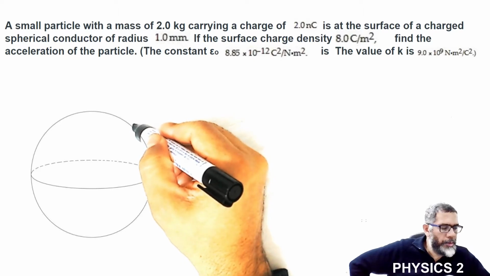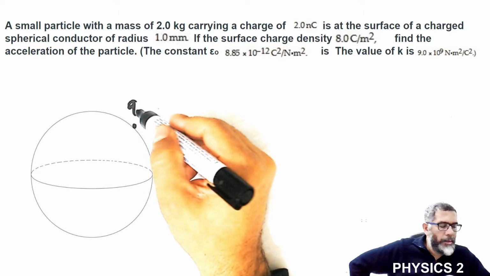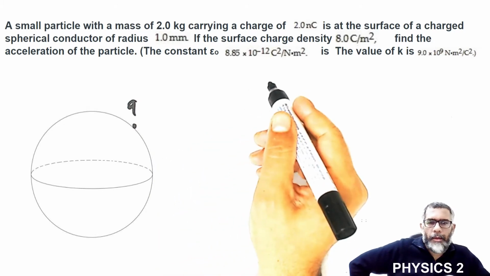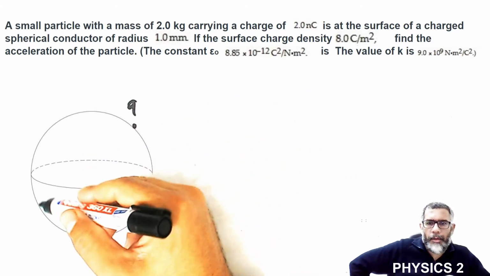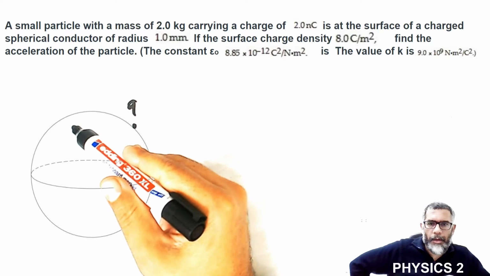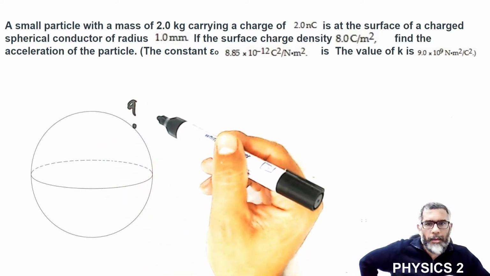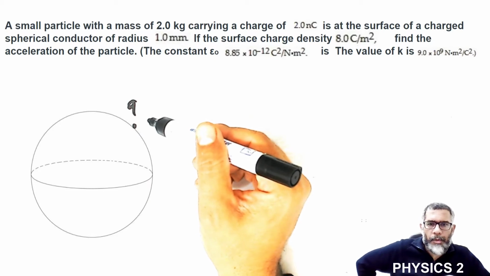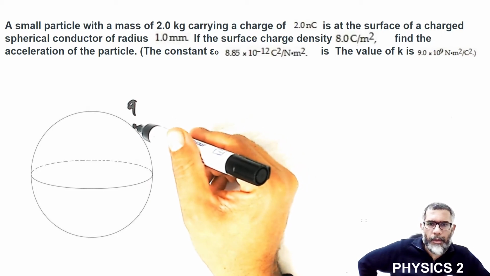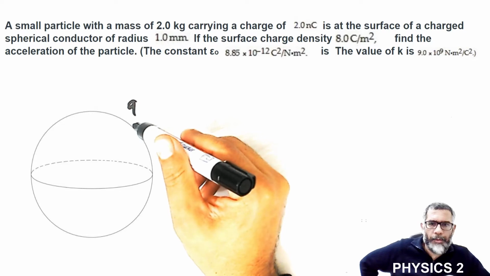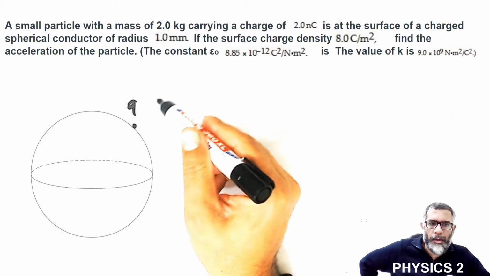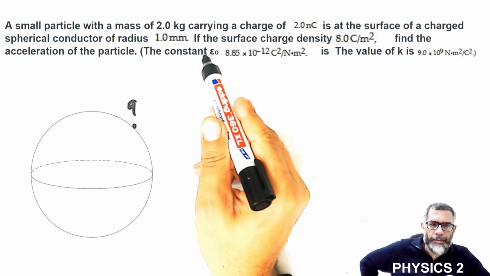Okay, it's a charge Q. And the question is that since both this spherical surface and this point particle have charges of the same sign, obviously when you just release the particle right on the surface, the particle will experience a force which is radially outward from the surface of the sphere.